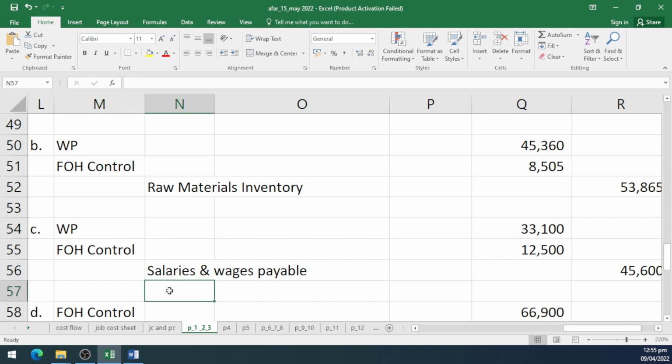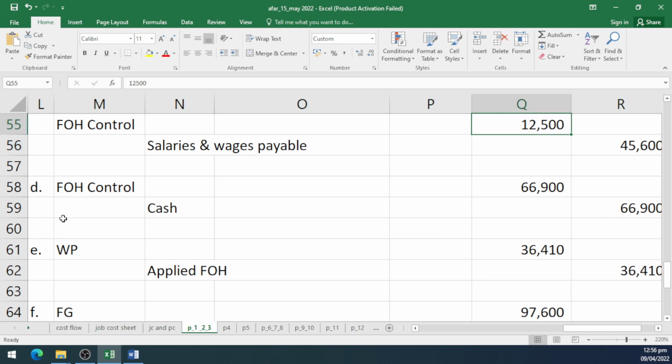Pero kung updated naman yung records at identifiable naman na kung magkano, pwede namang diretsyo na yan. Okay, so, wag na tayong gagamit ng payroll account, ano? Diretsyo na tayo. Debit work in process, 33,100. Debit factory overhead control for the indirect labor. And credit to salaries and wages payable.